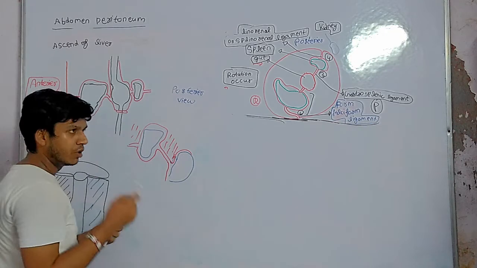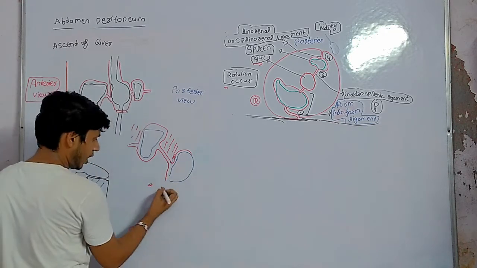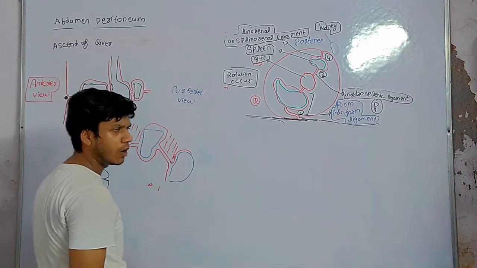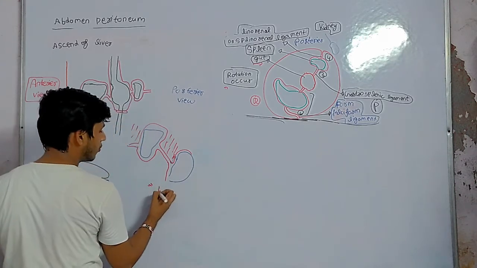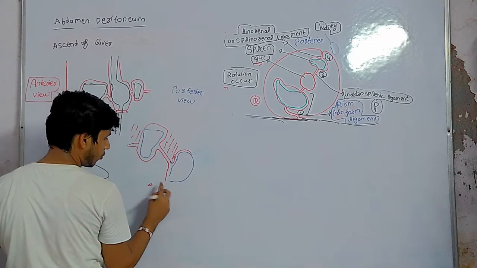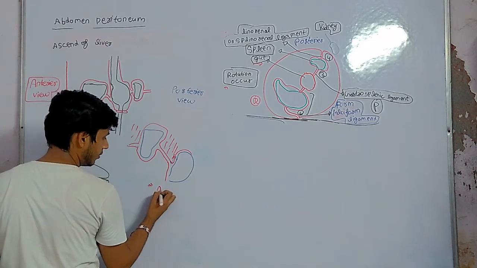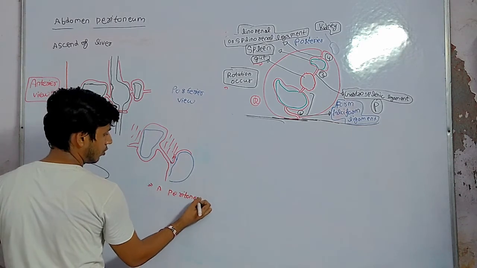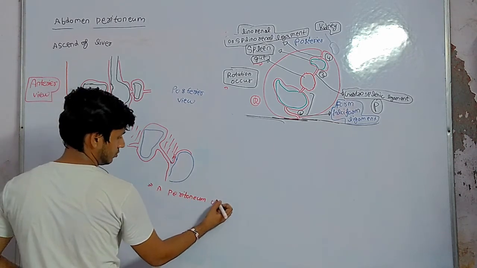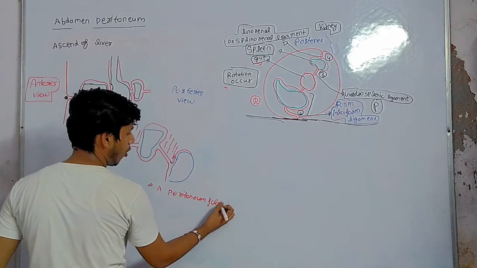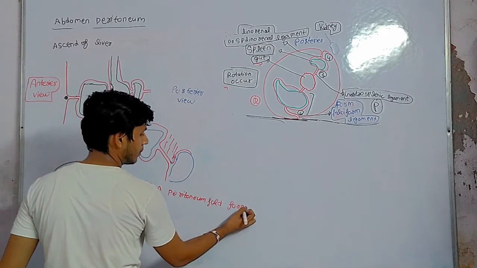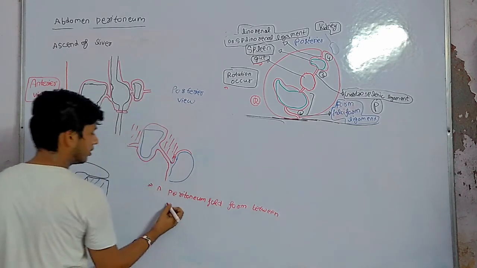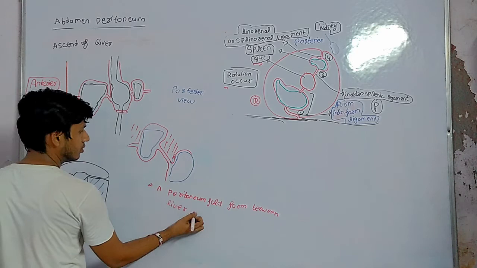For the stomach, we have many peritoneum folds, which are also called ligaments. So here again a peritoneum fold forms between liver and stomach.